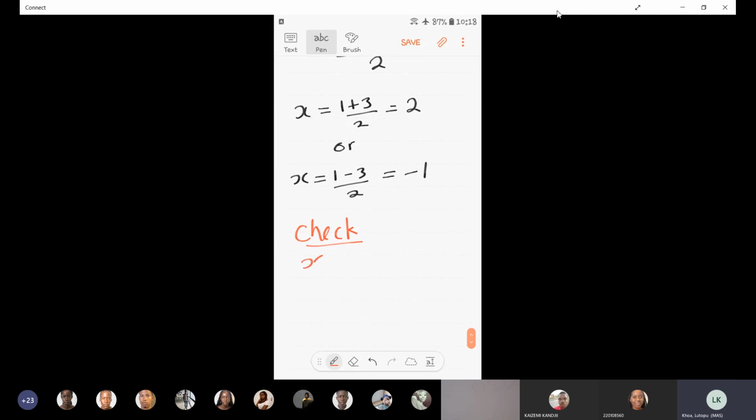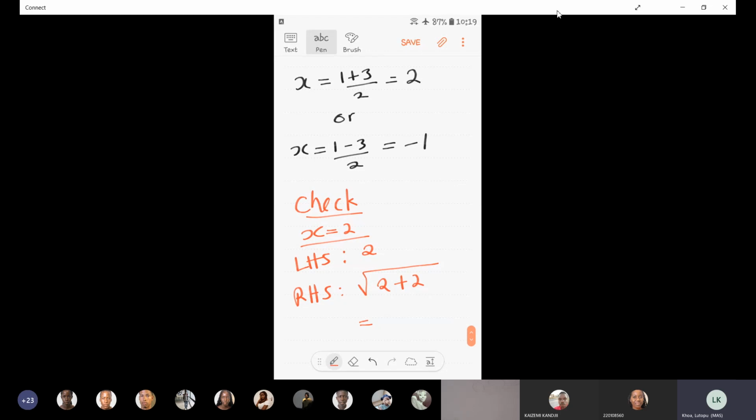So I'll start when x is equal to 2. On the left hand side, I had x, so on the left hand side I will just have 2. And then on the right hand side, I had the square root of x plus 2. So this is 2 plus 2.